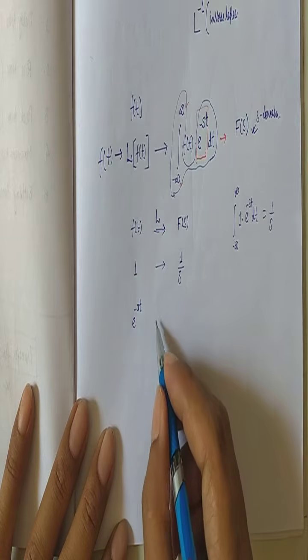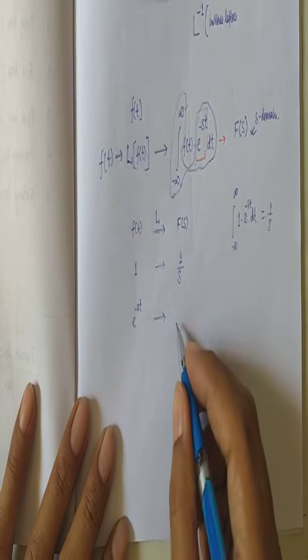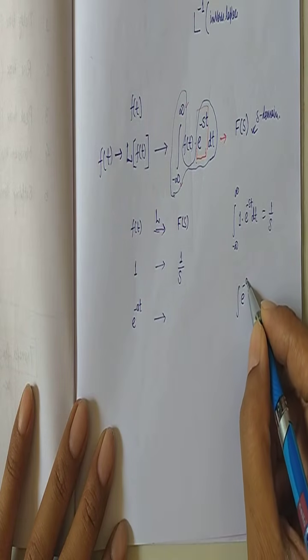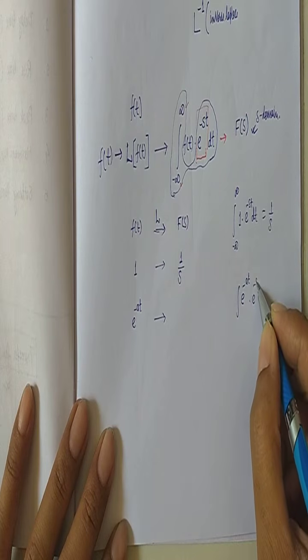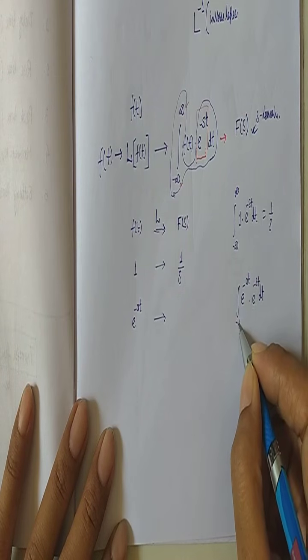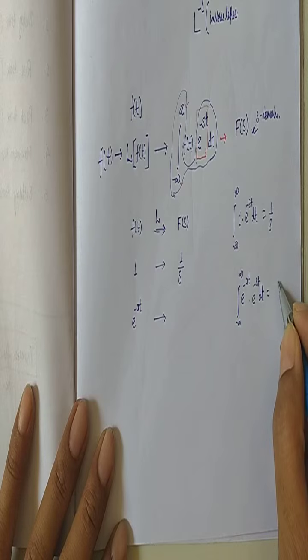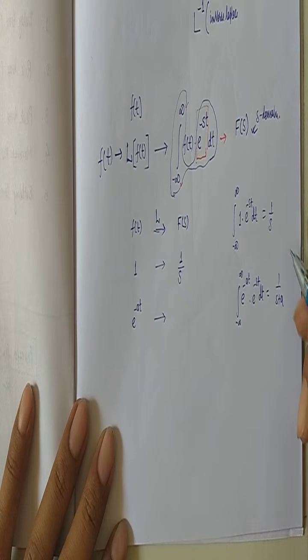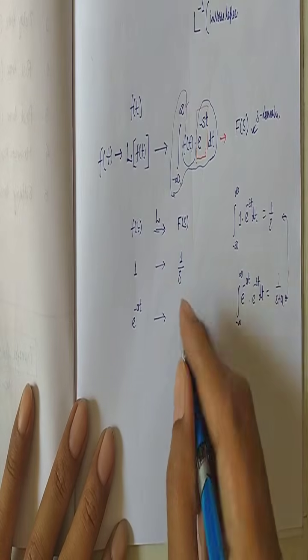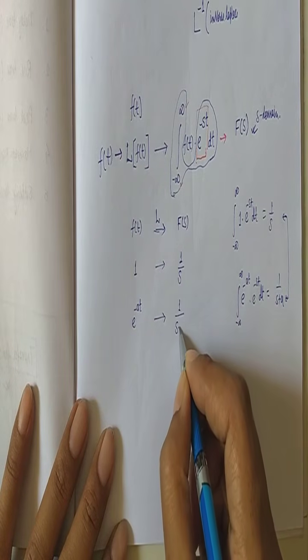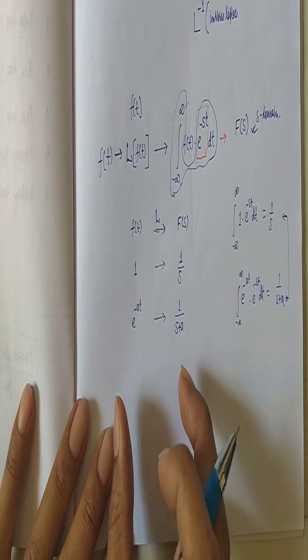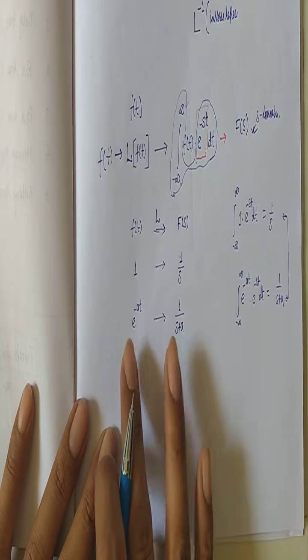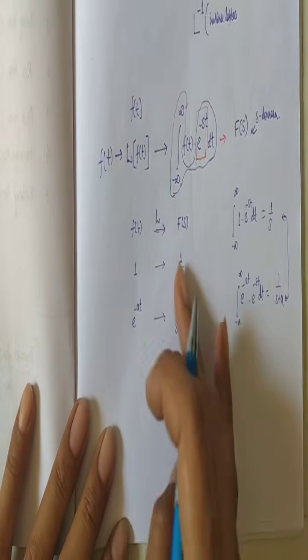If you take this function and do the Laplace transform, e to the power minus at times e to the power minus st dt, from minus infinity to infinity, you will get 1 upon s plus a. It's a matter of mathematics. You should probably go and check your engineering mathematics books. But in due course, we will be directly using whatever transform form we get.